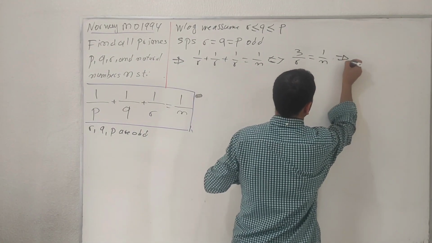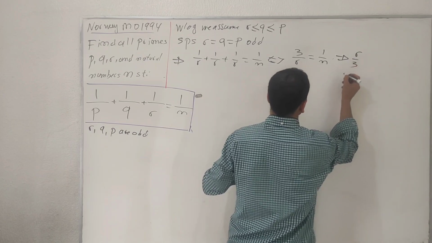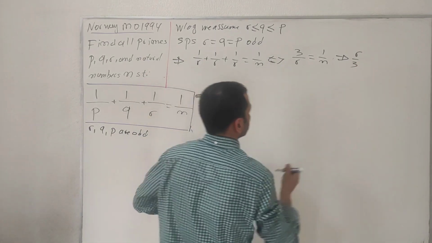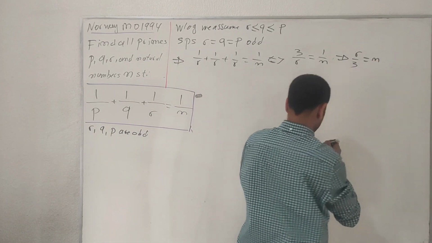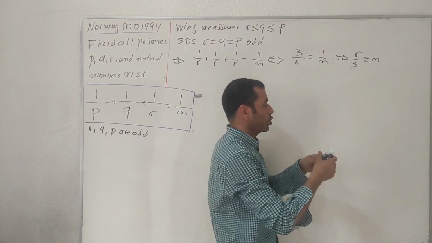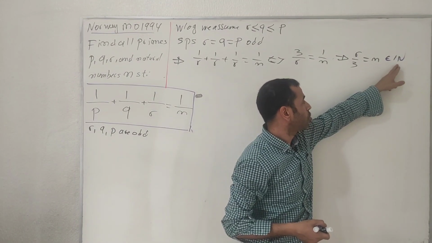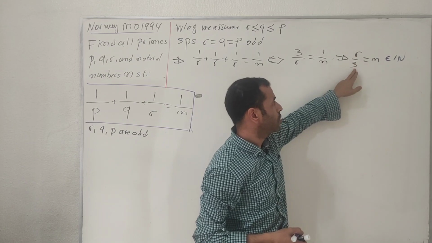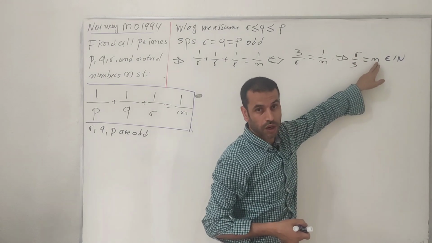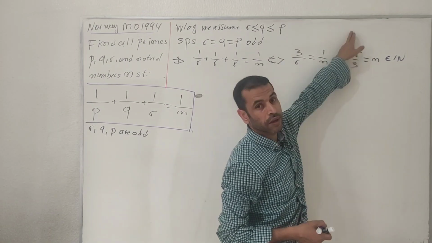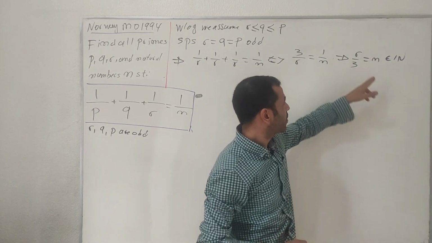I will have r over 3 equals n. So what do we know about this one? We know n is a natural number, which means r over 3 needs to be a natural number too. But since r is a prime, it must be equal to 3.